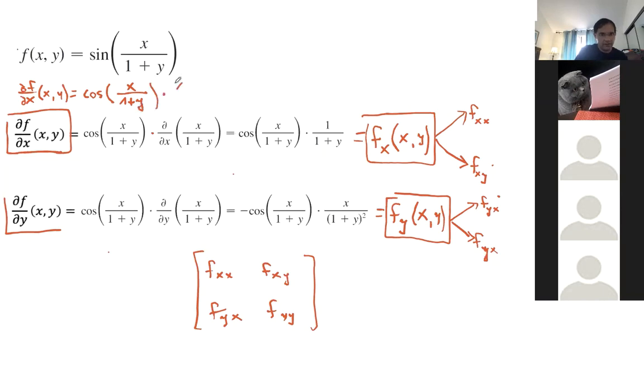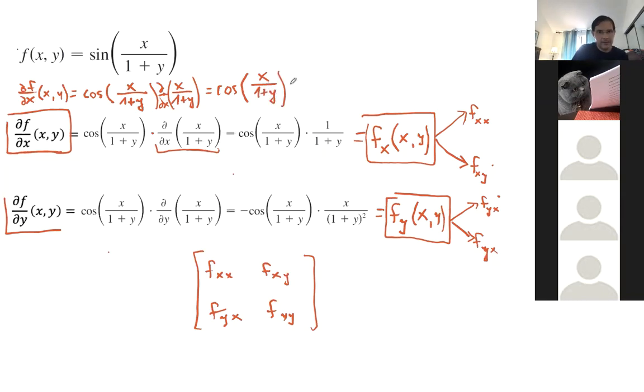I have to take the inside function, which is x divided by 1 plus y, and I have to compute the derivative of this function with respect to x. So this is cosine of x divided by 1 plus y.